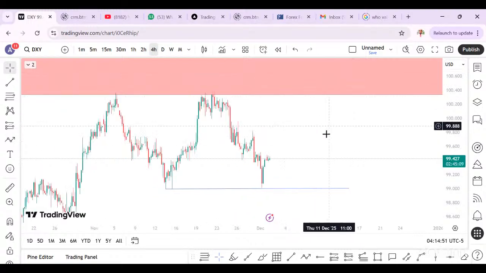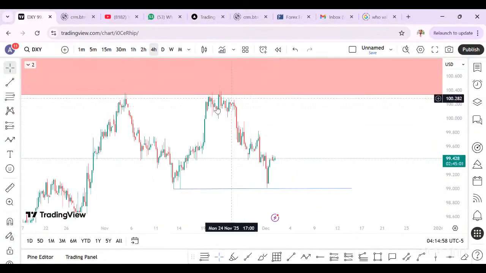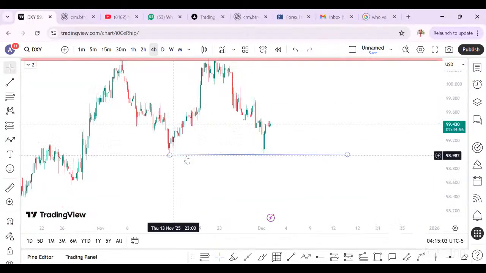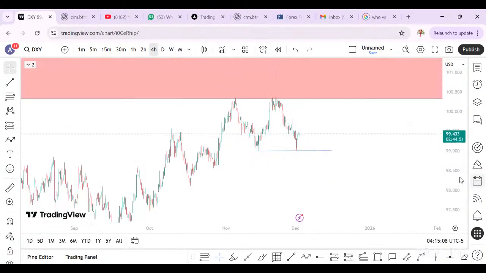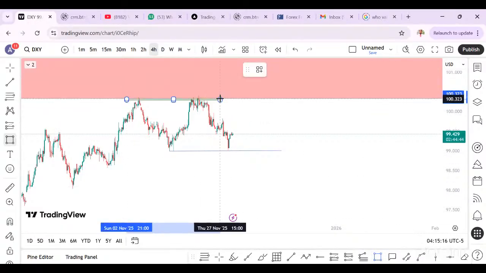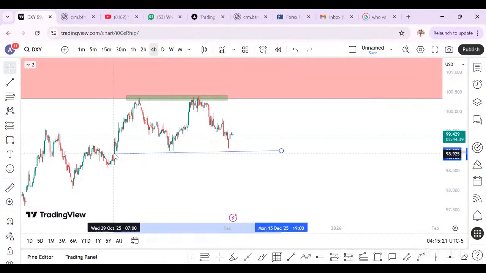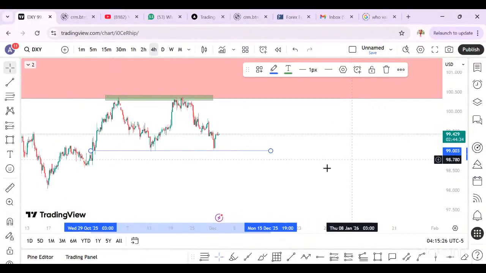So are we bullish? Are we bearish? We are just in the middle, because here we are coming from resistance, price pushed down, but price did not break structure that will give us a clear direction that okay, we should be bearish. But all we can say now is that we have created a double top here. So if that be a double top, then this will be the neckline based on chart patterns, right?